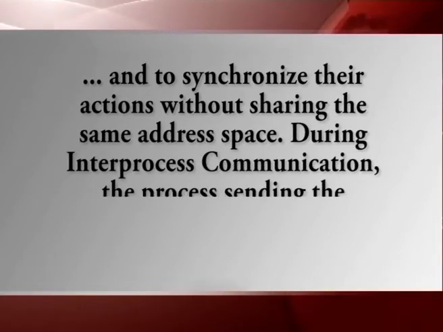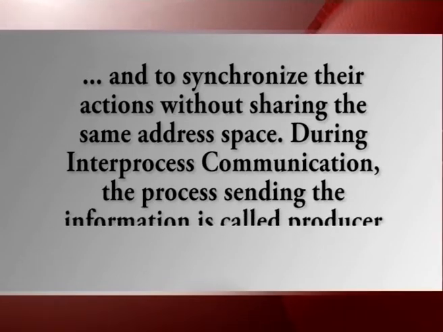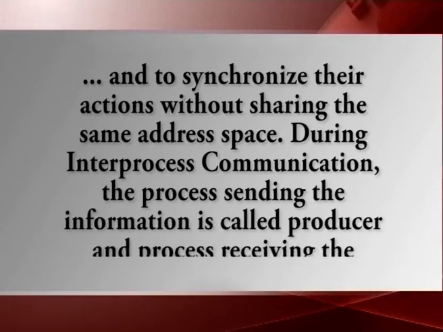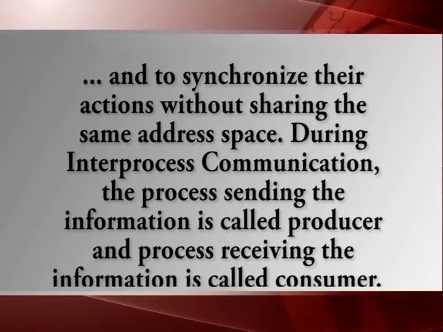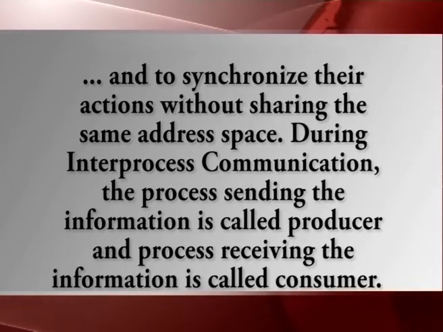During inter-process communication, the process sending the information is called the producer and the process receiving the information is called the consumer. Generally, in many applications, the roles of producers and consumers are fixed and communication is repeated many times. For example, the printer is always a consumer, and the keyboard and mouse are always producers.